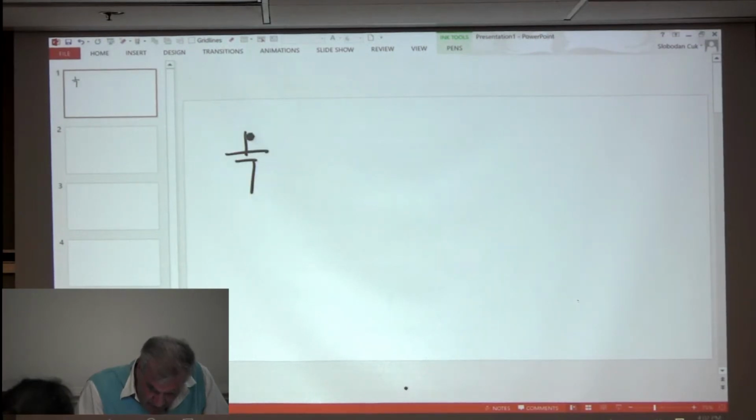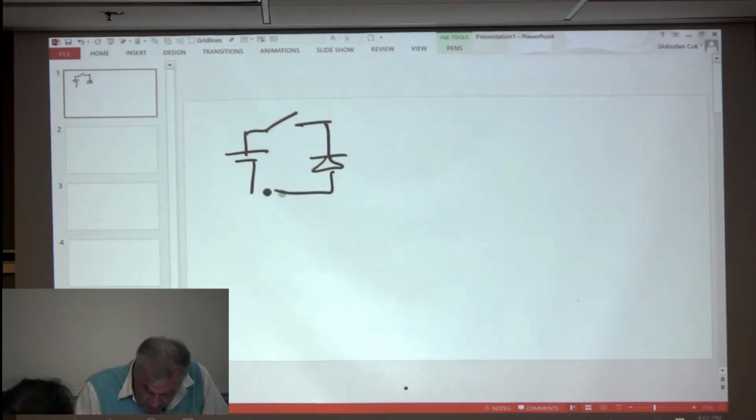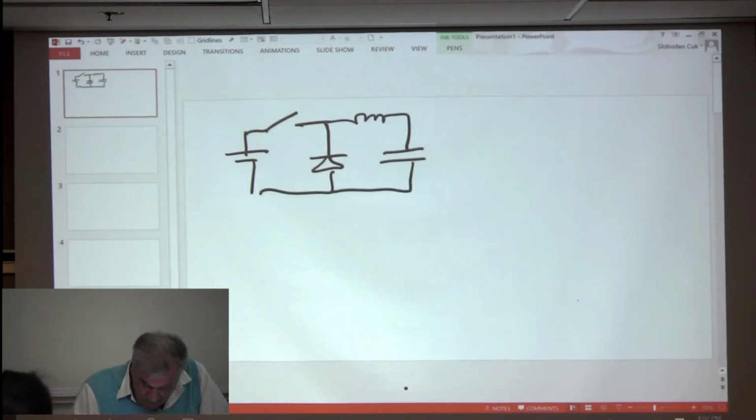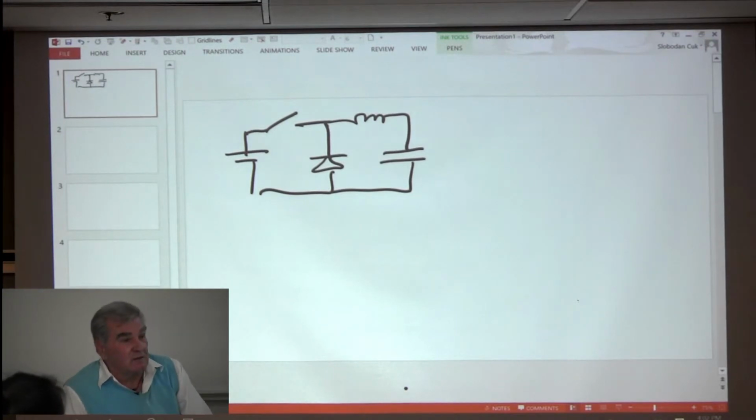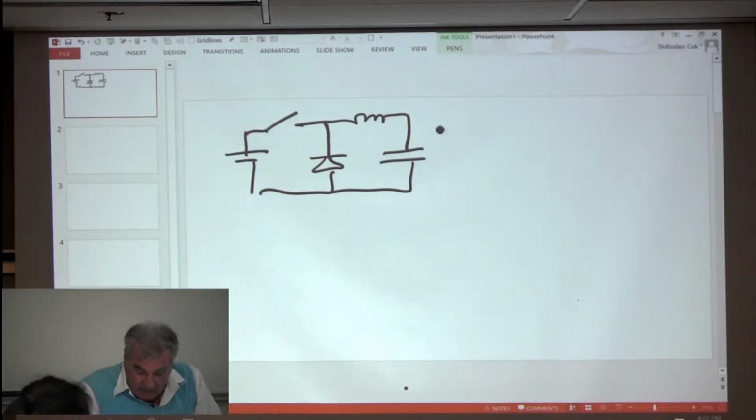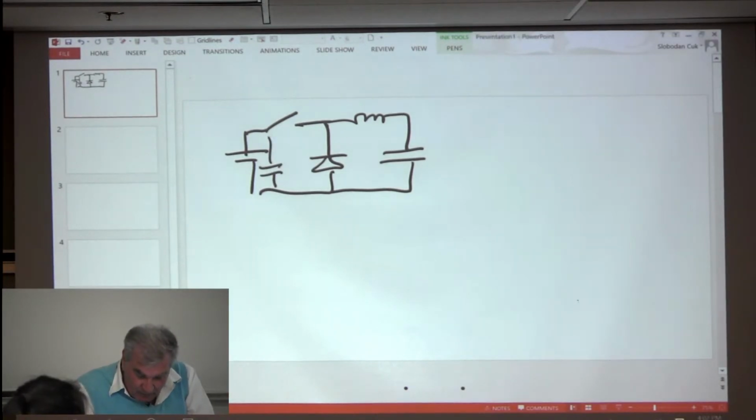So you saw the buck converter with the diode. And you know what a boost is? Boost is if, instead of putting a voltage source here, I put a capacitor here, and then I switch and put a voltage source here and a load on the other side, then you get a boost.